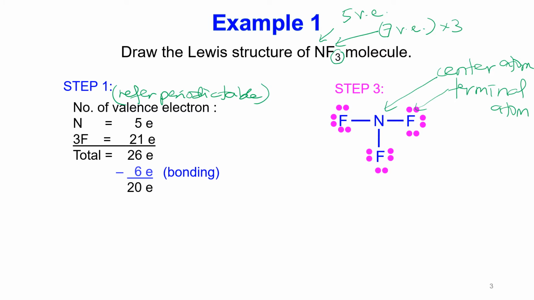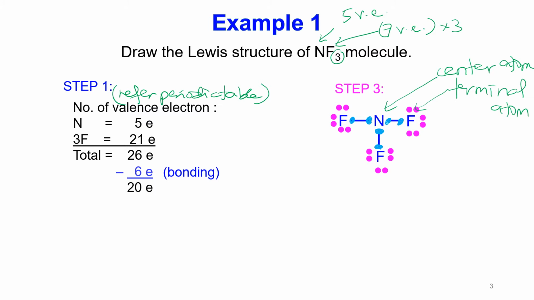Same goes to the second fluorine, which also has 2 electron, so we need to add another 6 electron. The third fluorine also already has 2 electron, so we need to add another 6 electron.